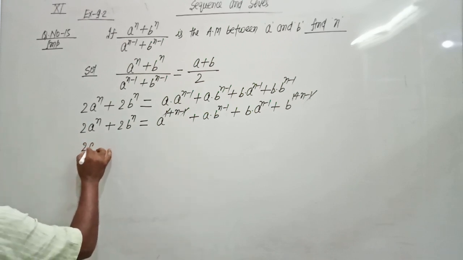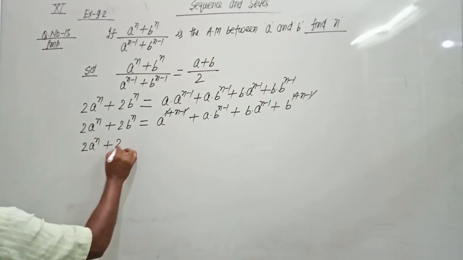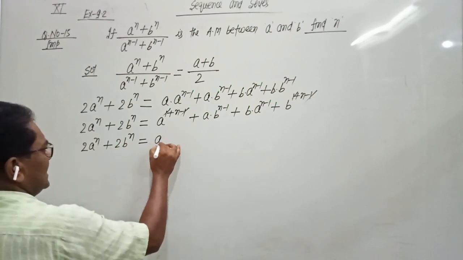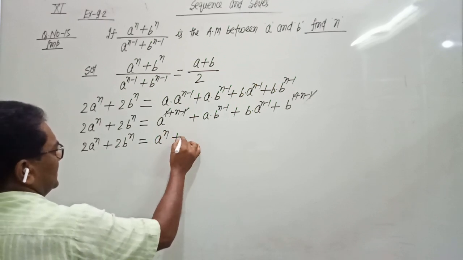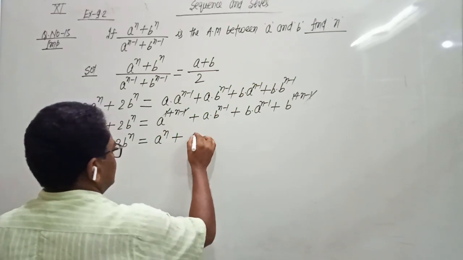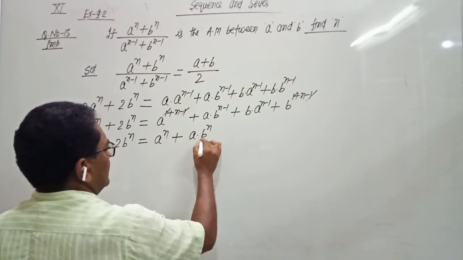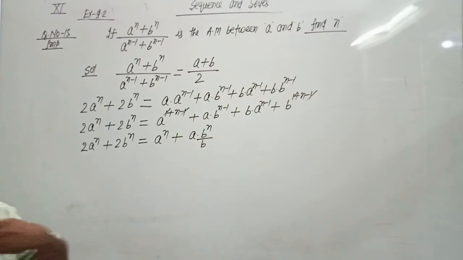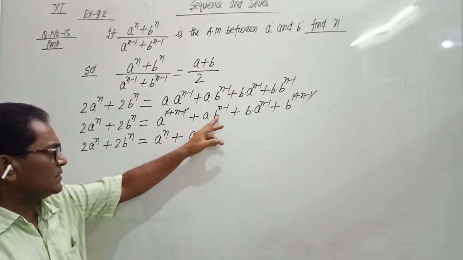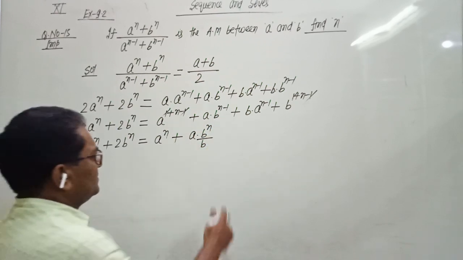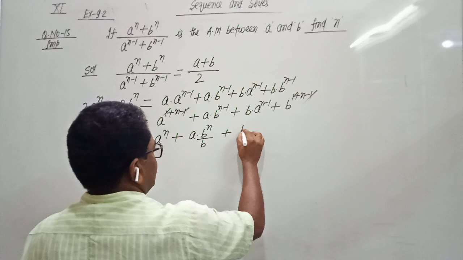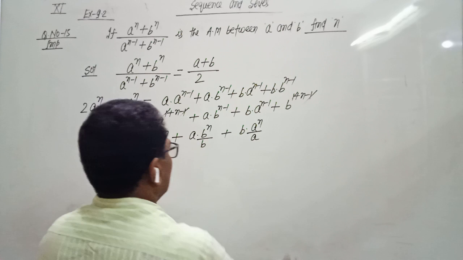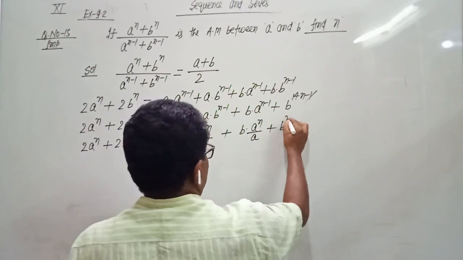And we get 2 into a^n plus 2 into b^n equals a^n plus this can be written as a into b^n upon b, since b^(n minus 1) is b^n upon b. So it is written as b^n upon b, plus this is written as b into a^n upon a, and plus b^n.